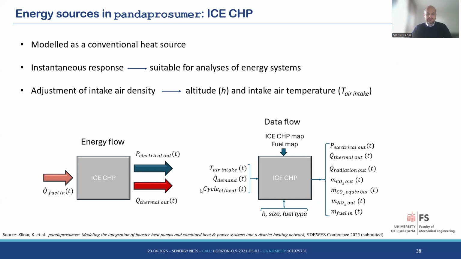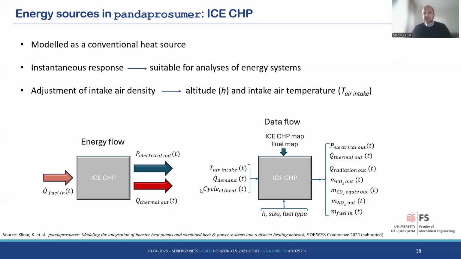Of course, the static inputs that Pratikshya mentioned before that set up the size and the configuration of the CHP, and then the time series inputs, or the time dependent inputs, that include the temperature, which allows pandaprosumer to adjust the air density and to take into account also the altitude, the temperature changes, and how this affects the power.